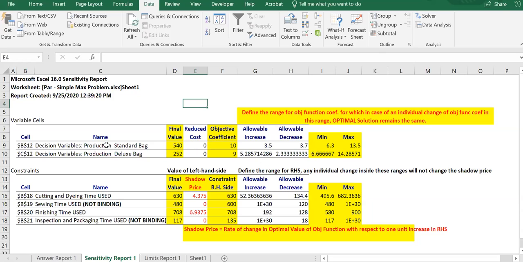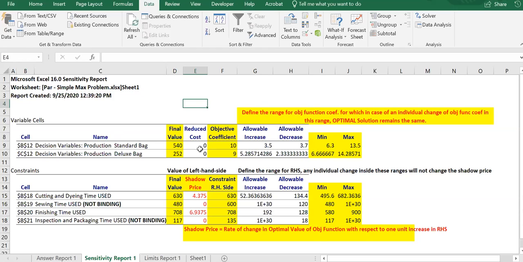So for an additional production of a standard bag, how much net benefit is it going to have for us? It's here. Or how much hidden cost or opportunity cost? It's here.